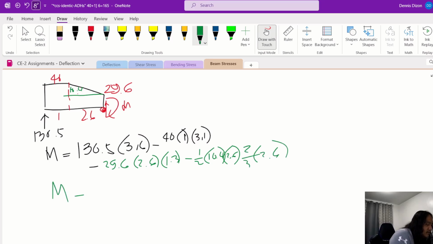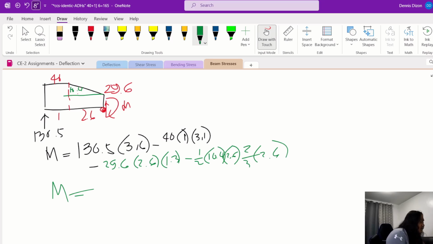So moment there would be 130.5 times 3.6 minus 40 times 3.1 minus 29.6 times 2.6 times 1.3 minus 0.5 times 10.4 times 2.6 times 2 times 2.6 divided by 3.